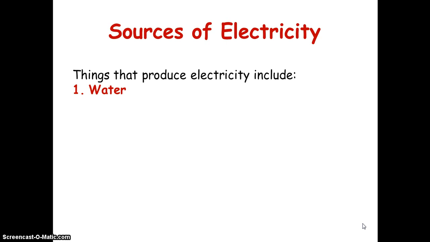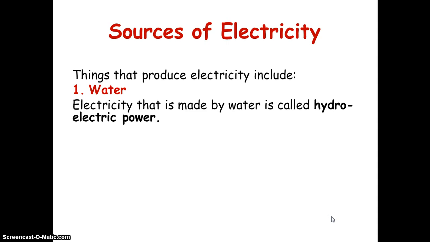Engineers are able to put up different devices so that as water flows, it is able to produce electricity for us. For now, we won't go into detail on such a detailed topic, but just know that water is a source of electricity.